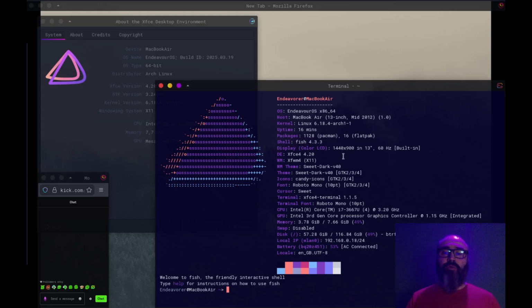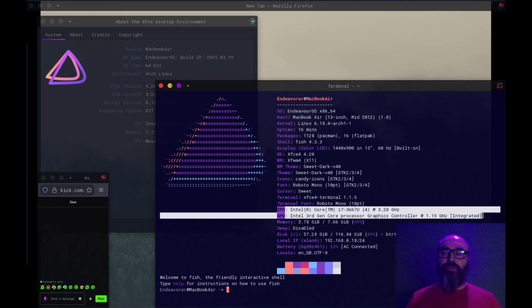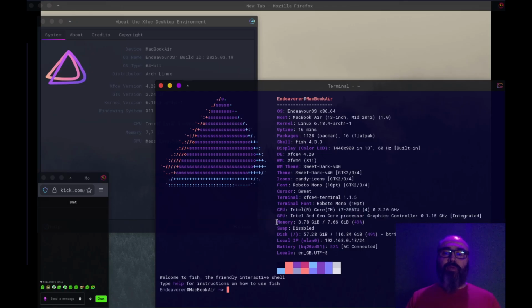It's 1440 by 900, and then down here you can see once again the CPU and the GPU of the system and the memory of the system, and the disk that I have devoted to this particular EndeavourOS installation, because I didn't wipe out the Mac OS. It's still installed.